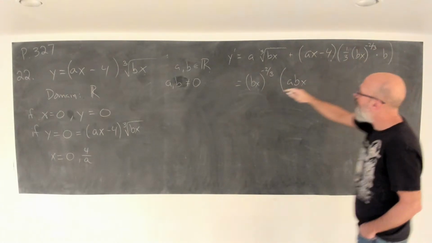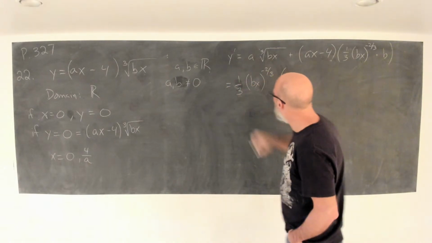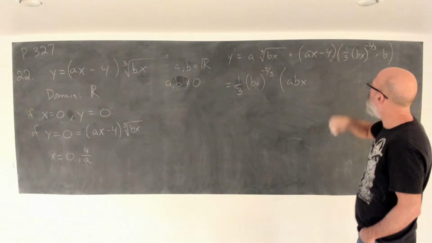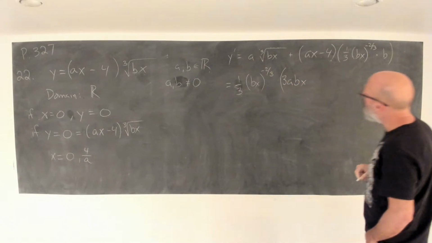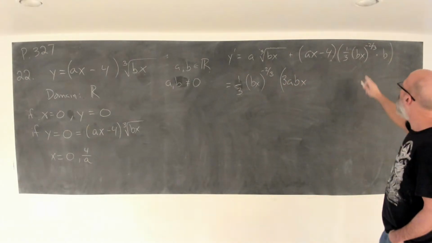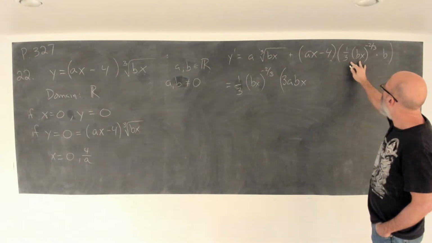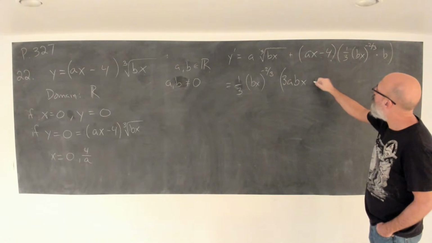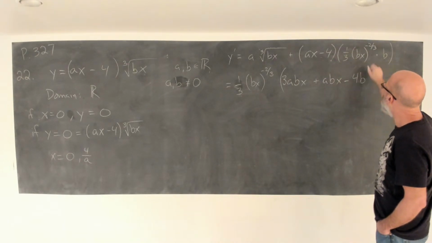Maybe a 1/3, so that I can get rid of fractions here. So I'm going to need a 3 here, 3ABx. This whole thing is gone. So I have a plus ABx minus 4B.